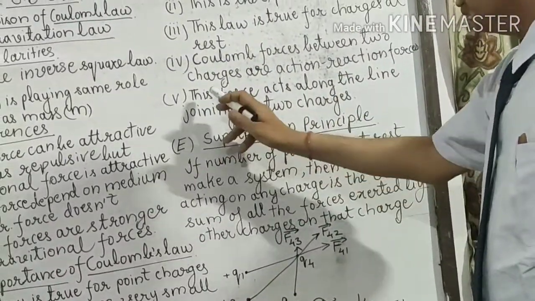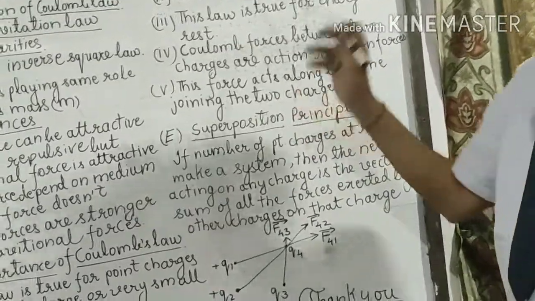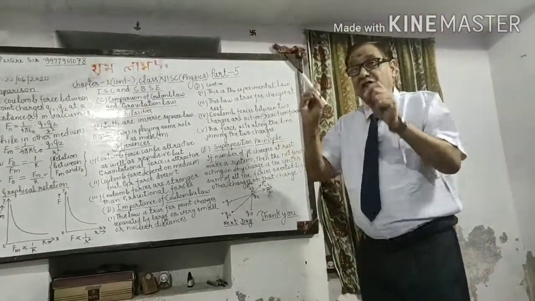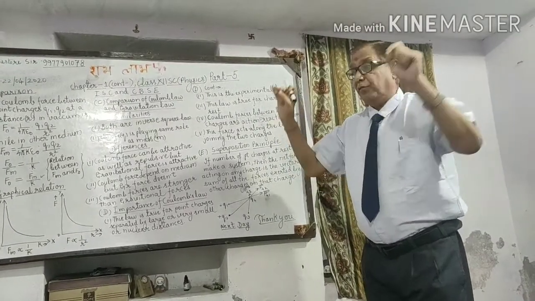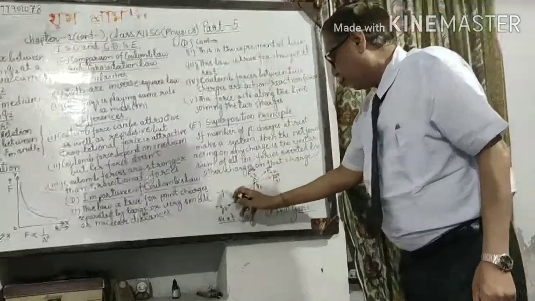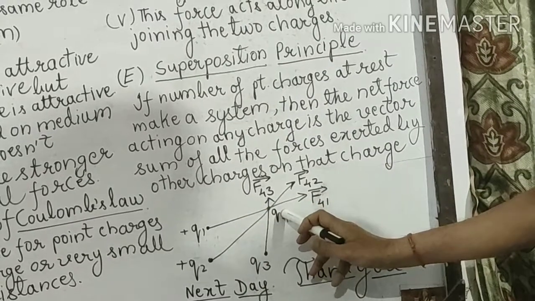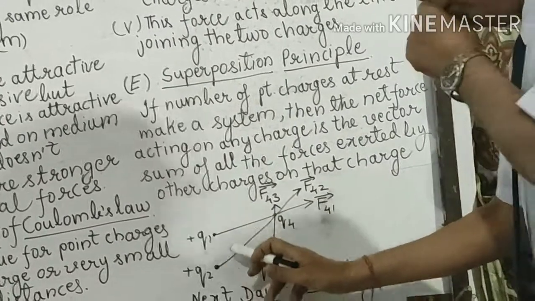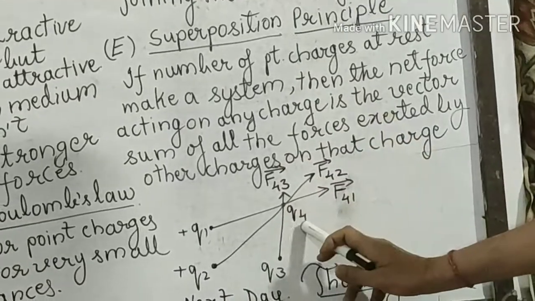Fifth, this force acts along the line joining the two charges. Yes, this is a central force. Central force means if two point charges are kept, suppose Q1 and Q4, then Q1 will exert force on Q4.